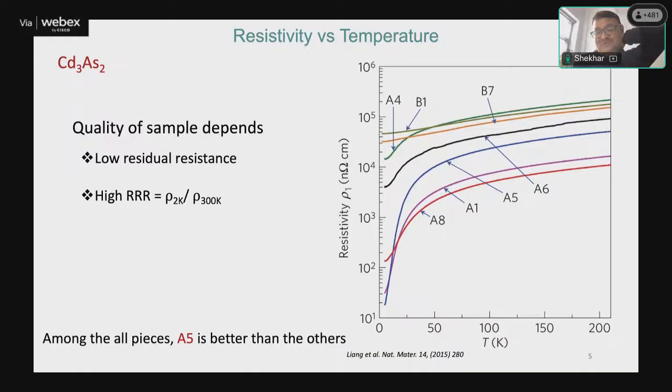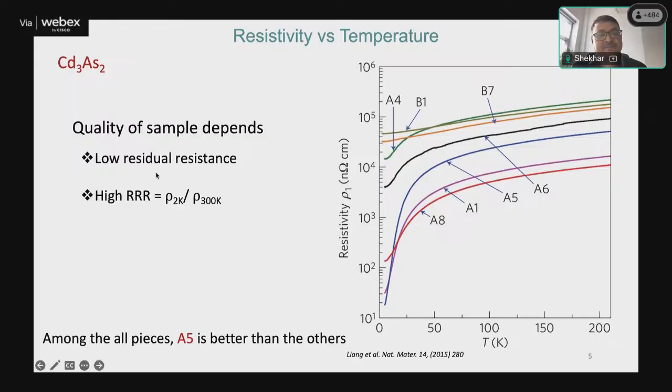I'm not going to talk about the topology, but this is one type of metallic Dirac semimetal. In the graph there are plenty of different samples from the same batch. So we can also extract the quality of each piece of the sample by measuring the resistance. If we measure different samples from one batch, we can say which sample is good.